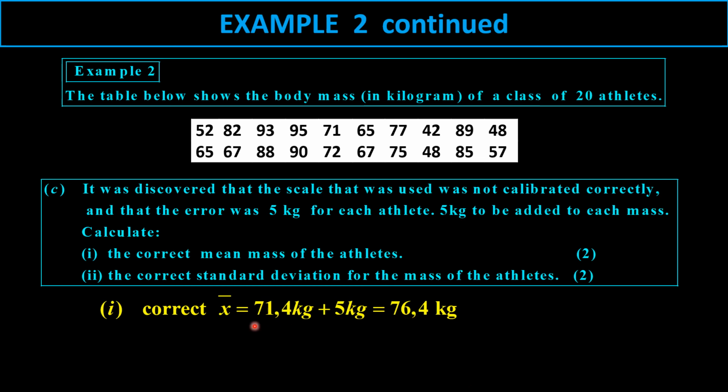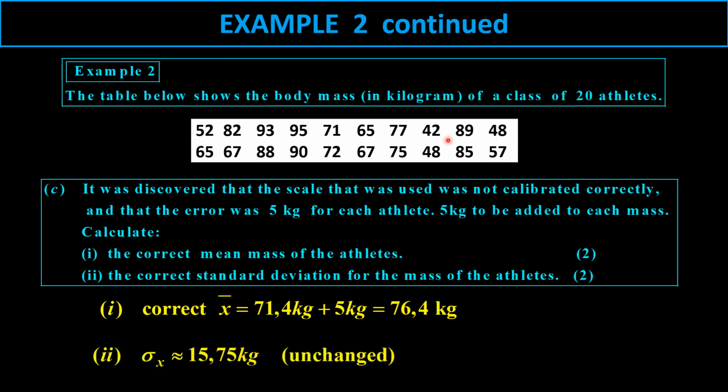But what do we notice? The original mean was 71.4. You just add 5 to it, right? So if 5 kilograms is added to each athlete, you just add 5 kilograms to your mean. You don't have to recalculate everything there. Okay, so it definitely affects the mean. The mean will then increase by 5 kilograms.